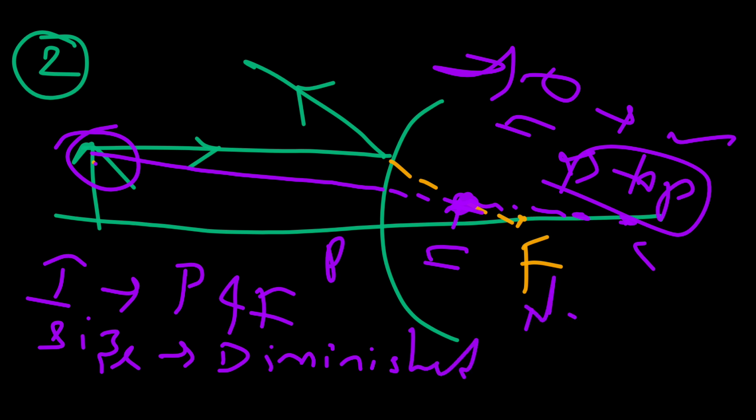And what about the nature of the image? The image is virtual and erect. Why is it always virtual and erect? Because the rays haven't met. We have to extend them backward to make the image. Clear? Okay.